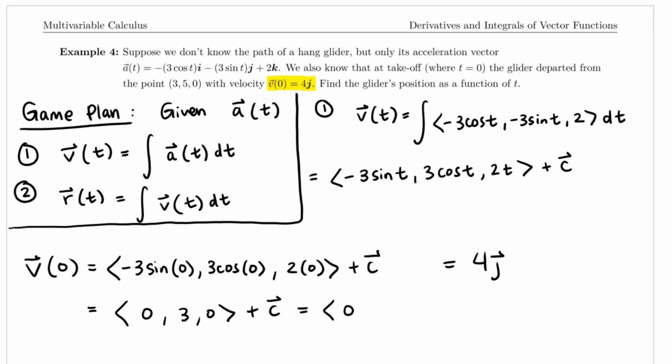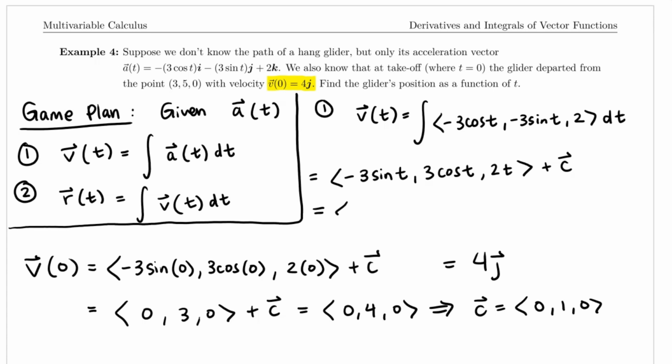That is the same thing as 0, 4, 0. And if I subtract 0, 3, 0 from both sides of this equation, we get that the c vector is equal to 0, 1, 0.